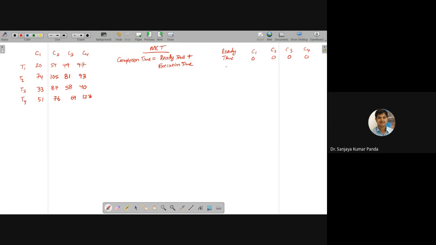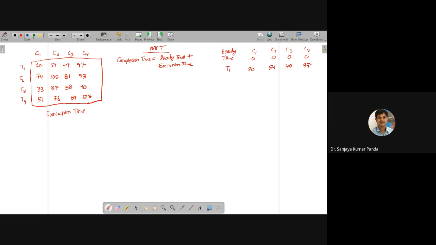If you come to task T1, it is taking 20, 54, 49, and 97. These are all the metrics given to you, and these are nothing but the execution time. But what do we need to find? You need to find completion time. So I'm copying this first row, that is 20, 54, 49, and 97.